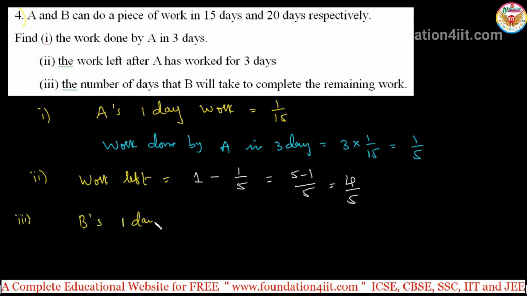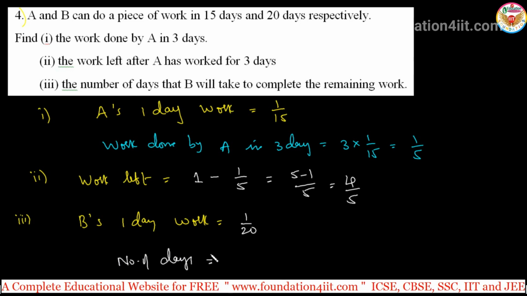B's 1 day work: B can do the work in 20 days, that means in 1 day B can do only 1 by 20. So the total remaining work is 4 by 5, and to find the number of days, it is total work divided by B's 1 day capacity.